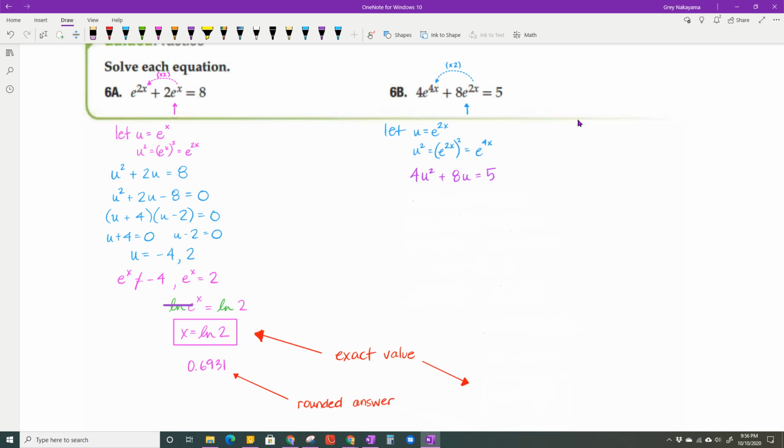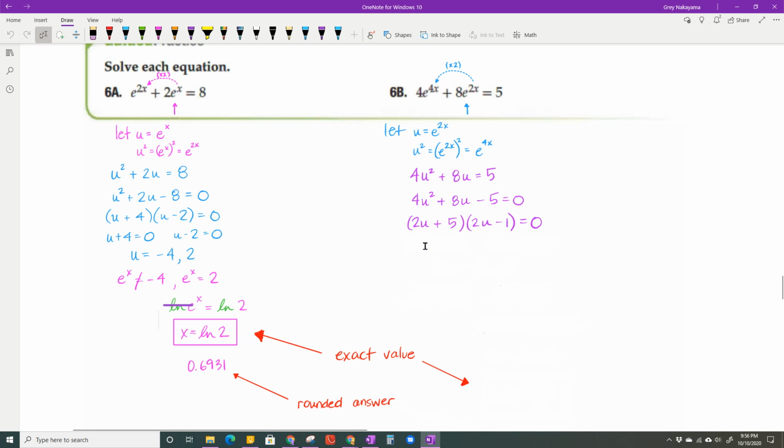Again, quadratic, got to set it equal to 0. 4 and 5 give you 20. I'm looking for the factors of 20 that subtract to give me 8. That's 10 and 2. So I'm going to make the inside and outside multiply to 10 and 2. This right here is 10, and that is 2.